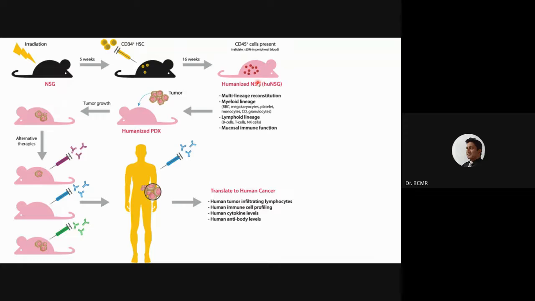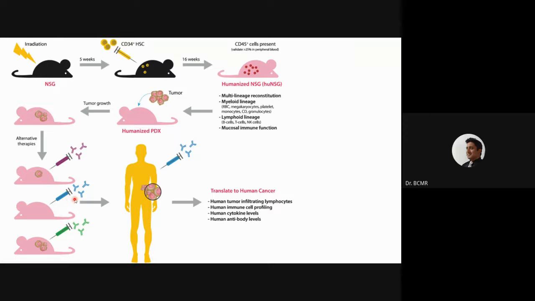Now we can put the tumor samples into the mouse, allow the tumor to grow, and see what happens. We can also use monoclonal antibodies. We can try different types of monoclonal antibodies or drugs and see which one is effective in these mice.